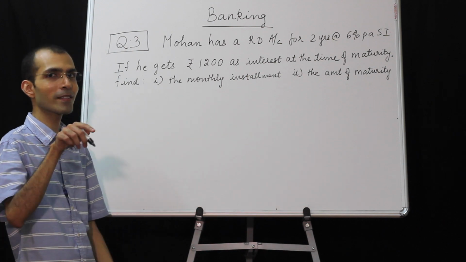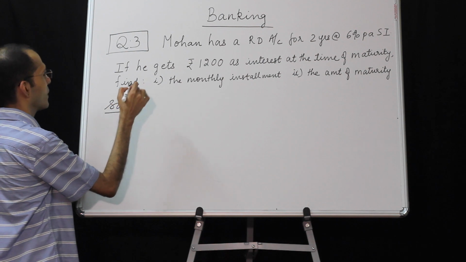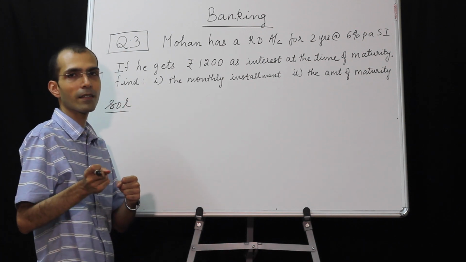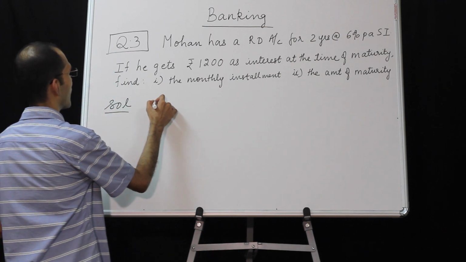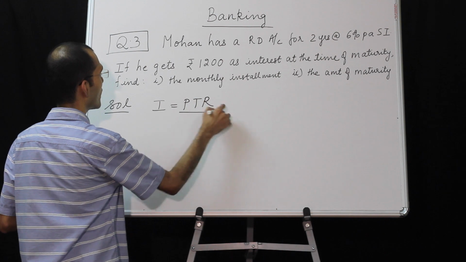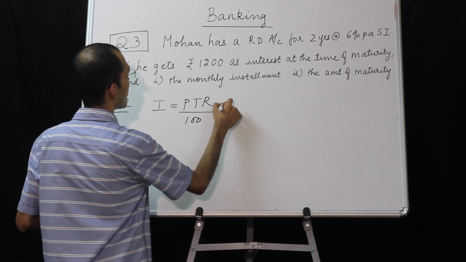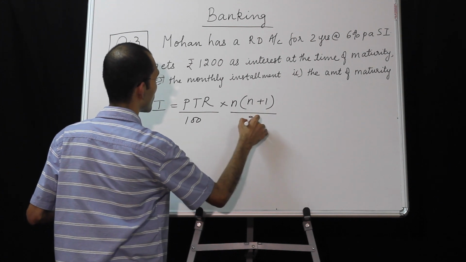So here interest is given. As suggested earlier, we always start the sum with I. I is PTR upon 100 into n plus 1 upon 2.